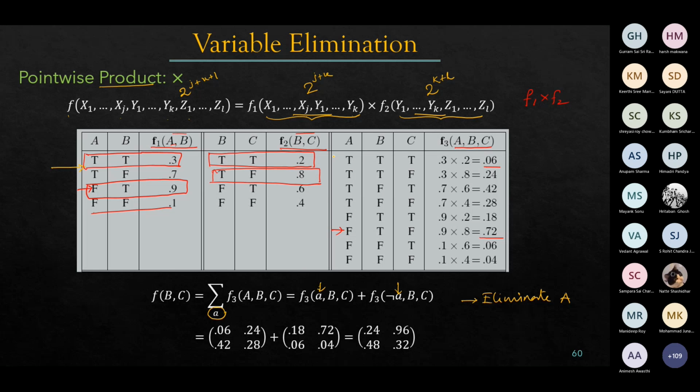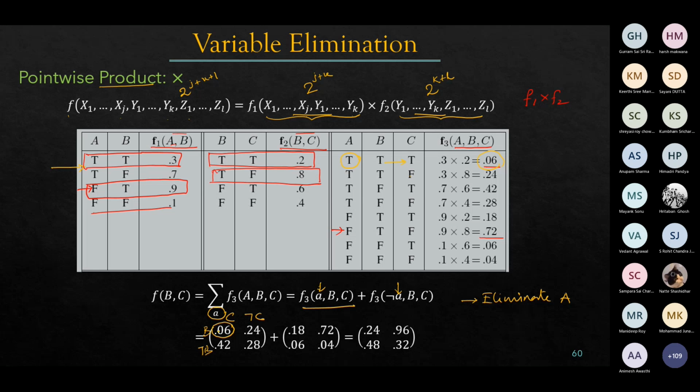So in this factor, we are setting A equal to true. What values can B and C take? B and C can both take true, and for that we have got this 0.06. We put it here. Then we have T and F, so B is true, C is F. Here we have C, negated C, and in these rows we have B and negated B.